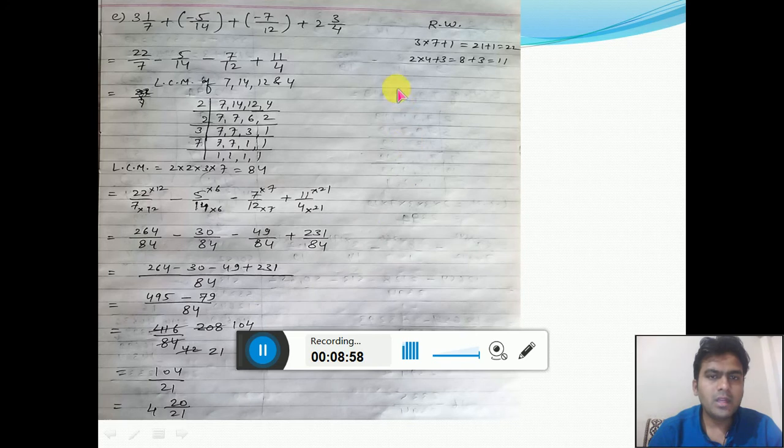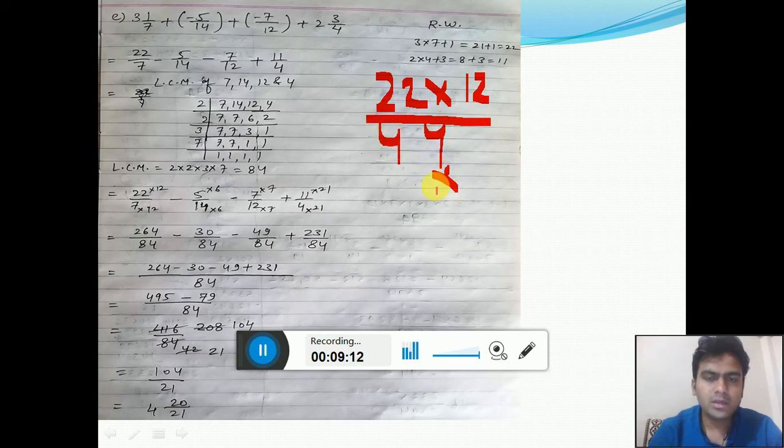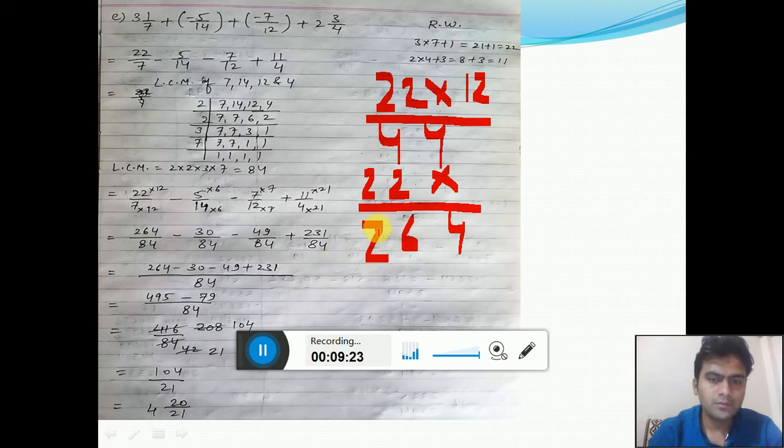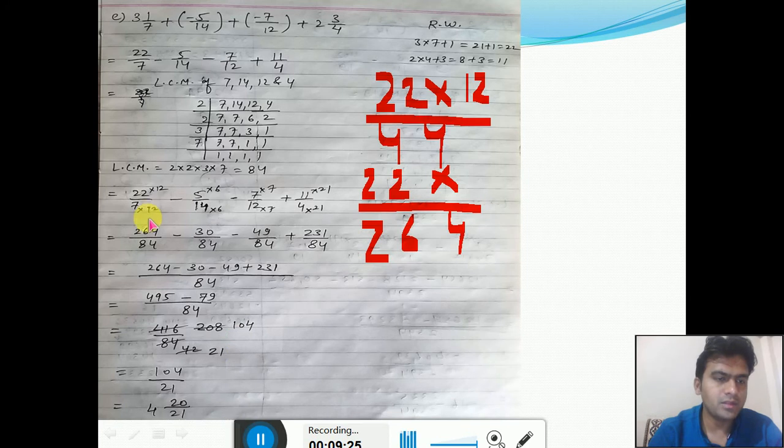Now we will multiply 22 with 12. So 22 into 12 equals what? If you know the table of 12, directly you can multiply. Otherwise 2 2s are 4, 2 1s are 2, and here also 2. Now add 4, 6, 2. So 264. So we have written 264. Now 5 6s are 30 and 7 7s are 49.